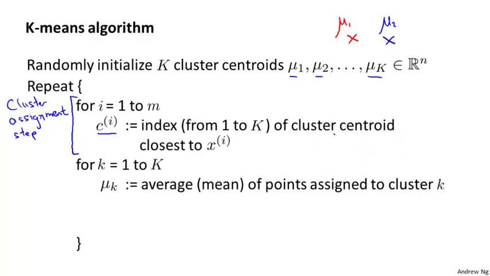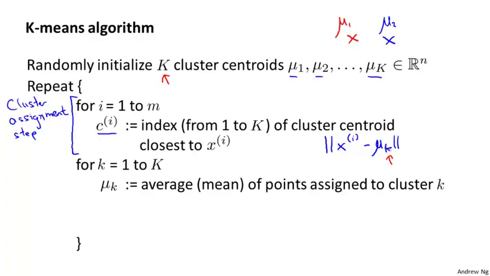So here's another way of writing out what ci is. If I write the norm of xi minus mu k, then this is the distance between my ith training example xi and the cluster centroid mu subscript k. This here is a lowercase k. Uppercase K is used to denote the total number of cluster centroids, and lowercase k is a number between 1 and capital K. I'm just using lowercase k to index into my different cluster centroids.